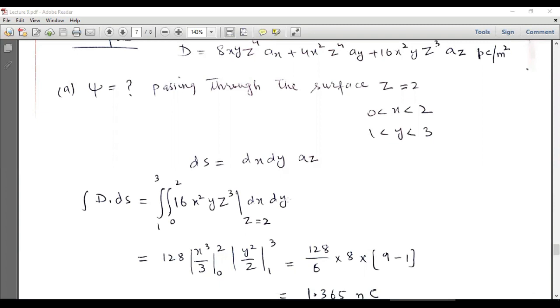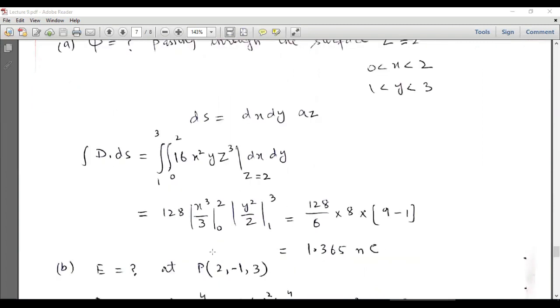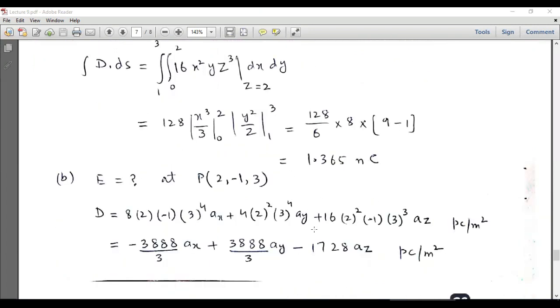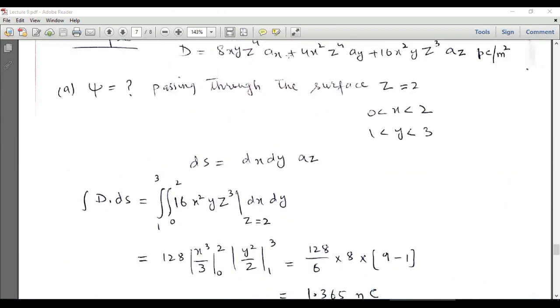So dS will be equal to dx dy, and let's integrate it. Limits of x and y are given over here, and z is also given as 2. So this final answer is equal to 1.365 nanocoulomb. So in the second part, we have to calculate electric field intensity at this point. So let's first calculate D at this point, and the D field is given over here.